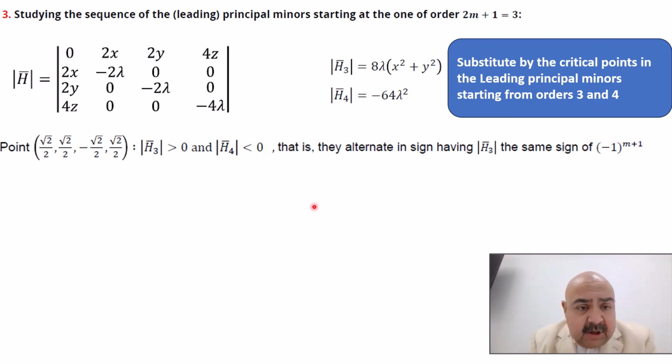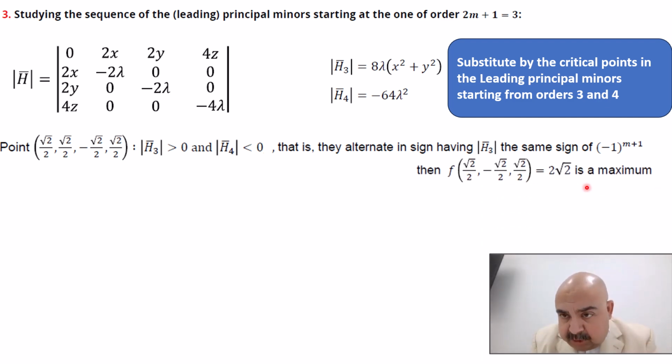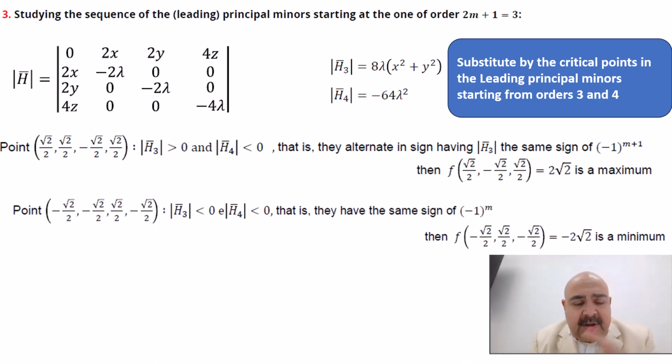The minors are alternating in sign, with H3 having the same sign as negative 1 to the power m plus 1, which will develop a maximum. That's a direct substitution. Similarly, for the second point, we will have a minimum point.